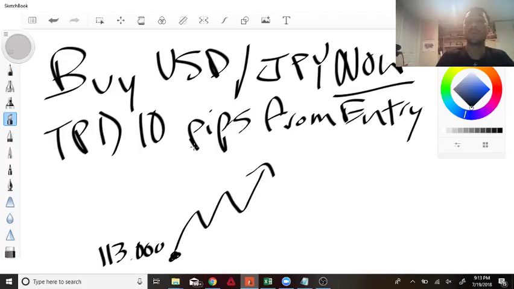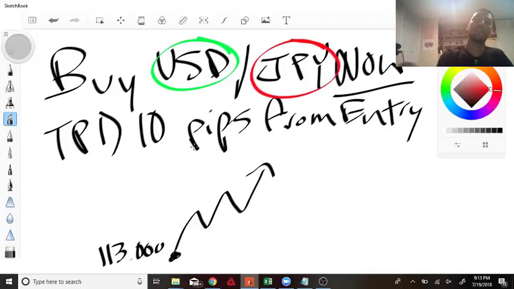So what we want to do is buy, and we're actually buying US dollars against the Japanese yen. The US dollar is gaining strength and the Japanese yen is losing strength. So essentially, when you're buying, you actually want the price to go up in value.